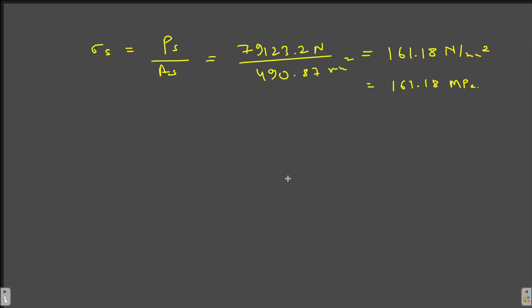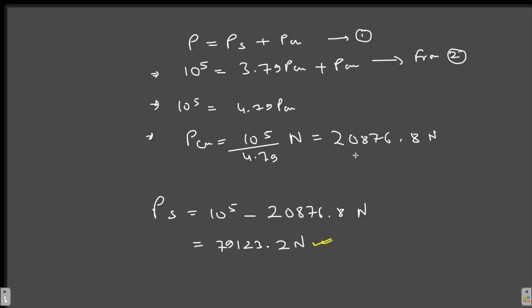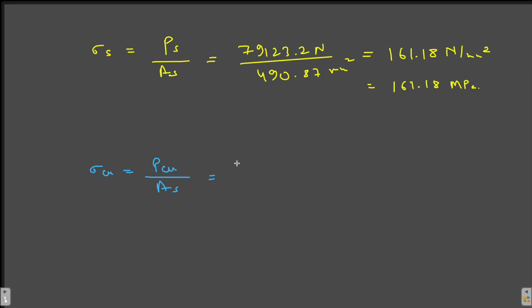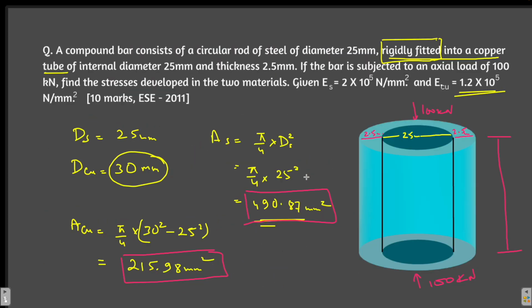Now let's calculate how much is the stress in copper. Stress in copper similarly is force in copper by area of copper. So what is the force in copper? It was 20876.8 by, what is the area of copper?